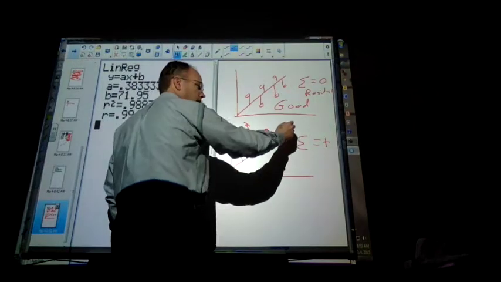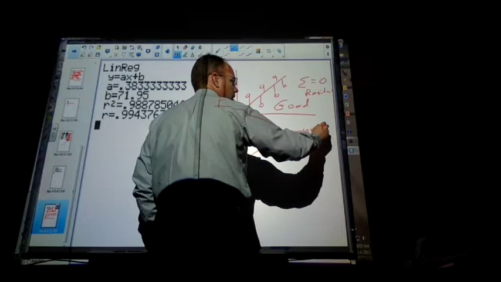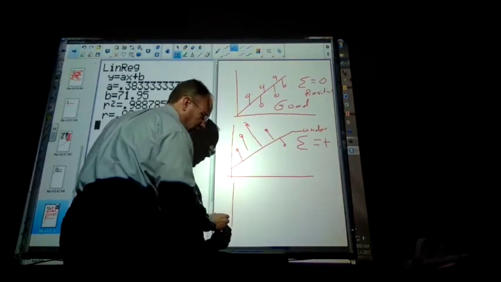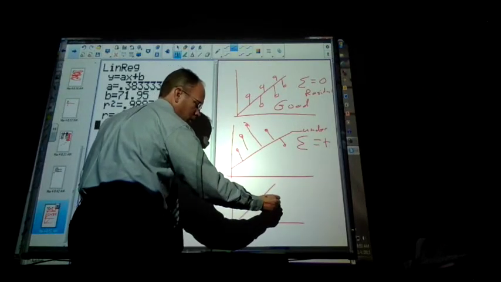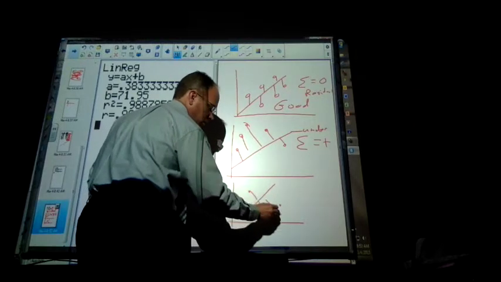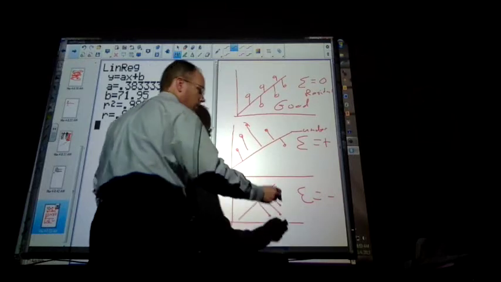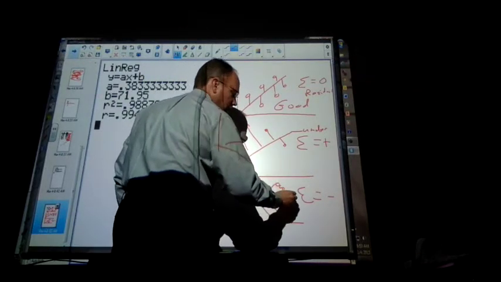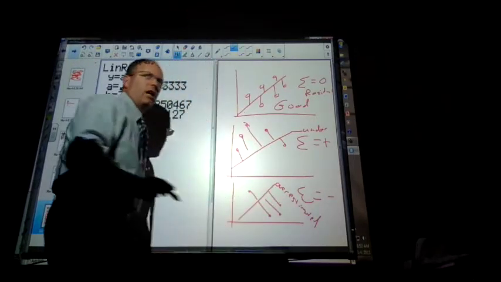This means this line here is underestimating our data. And if I have it like this, so our summation is going to be a negative value. That means I overestimated my line of best fit, and that's what the calculator did.